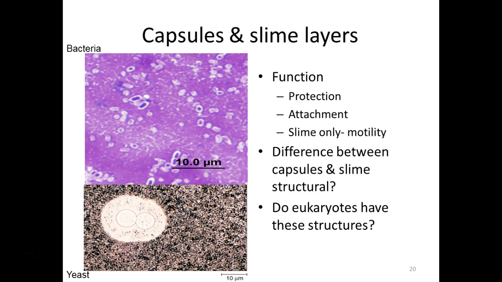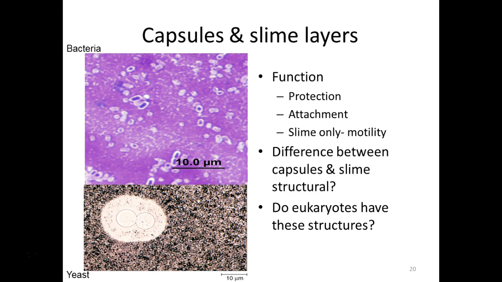So that's capsules. Slime layers are similar in that they can help with protection, they can help with attachment. Additionally, they can help the organism be motile because they could use the slime to glide. Structurally, though, they're quite different too. Capsules, as you can see, are pretty uniform.